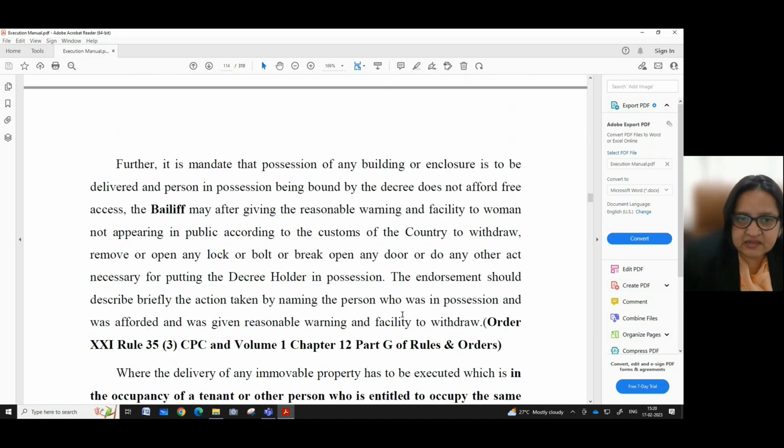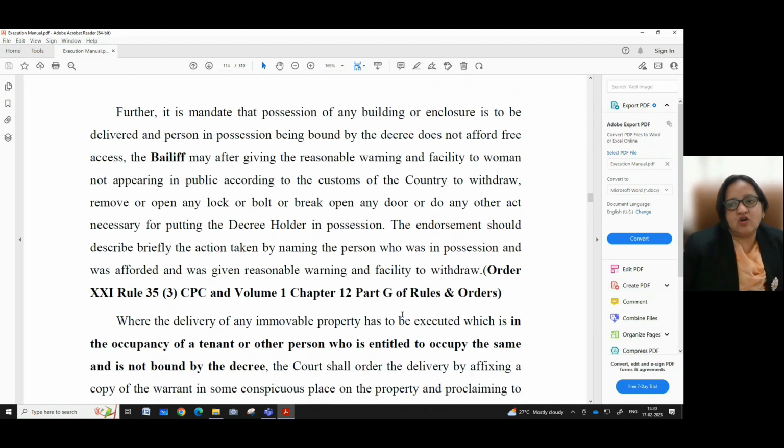Further, it is mandated that where possession of any building or enclosure is to be delivered and the person in possession, being bound by the decree, does not afford free access, the bailiff may, after giving a reasonable warning and facility to women not appearing in public according to the customs of the country to withdraw, remove or open any lock or bolt or break open any door or do any other act necessary for putting the decree holder in possession.